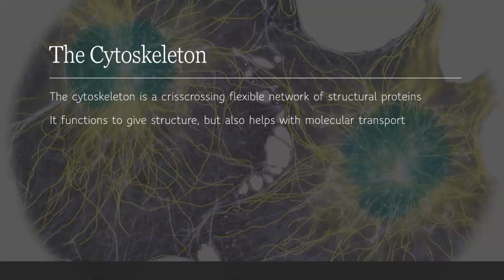You would also find them in the flagella to help with mobility. They are pretty much everywhere. The cytoskeleton functions to give structure and also helps with molecular transport. So, back to Bio 1, with dynein and kinesin walking on the cytoskeleton to help move molecules from one side of the cell to the other.